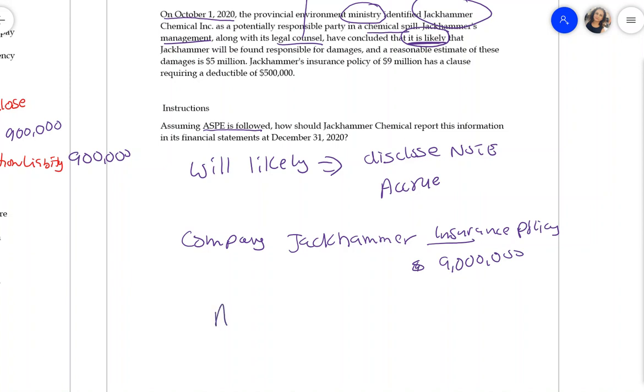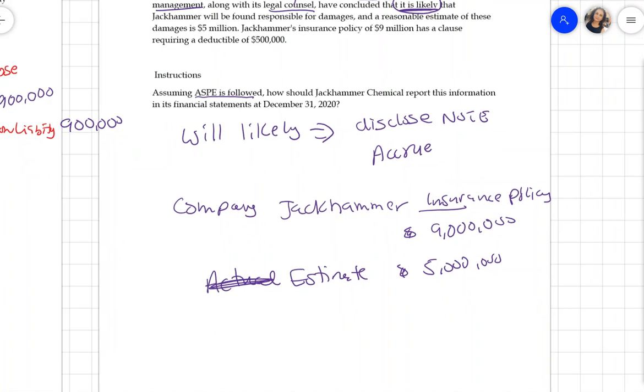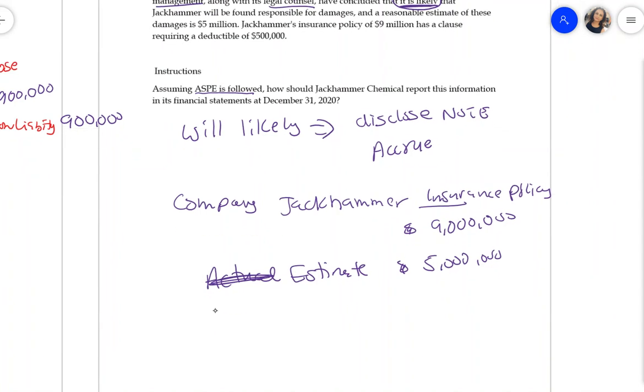But the actual damage that the company estimates will be 5 million, which is lower than the policy limit. However, the deductible portion of this policy is 500,000.